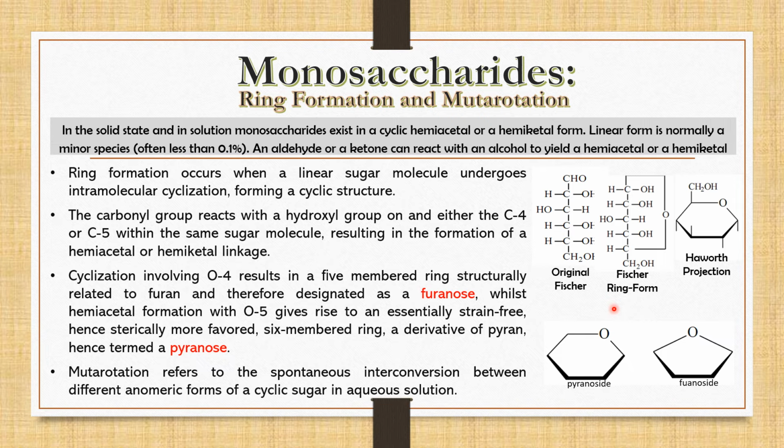While hemiacetal formation with the oxygen on carbon 5 gives rise to an essentially strain-free and therefore more favored six-membered ring, a derivative of pyran. Hence, they are termed pyranose. So the pyranose is a six-membered ring, while the furanose is a five-membered ring.